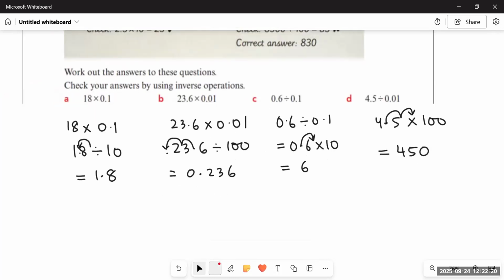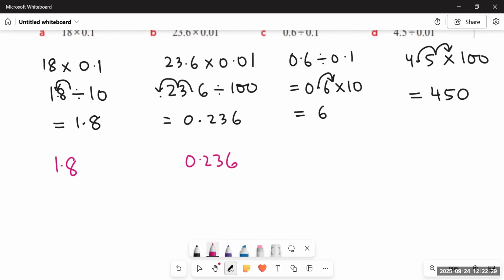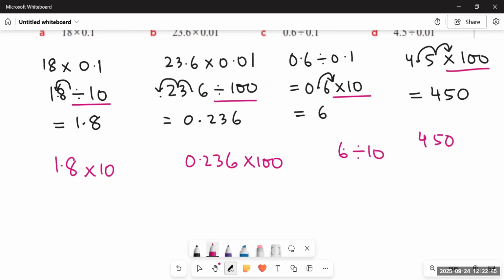We will take the numbers that we have got as the product or the quotient, that is 1.8, 0.236, 6 and 450. Initially we were dividing by 10, now we will multiply by 10. We were dividing by 100, now we will multiply by 100. We were multiplying by 10, now we will divide by 10. We were multiplying by 100, so now we will divide by 100. And check if we get the initial answer or not.